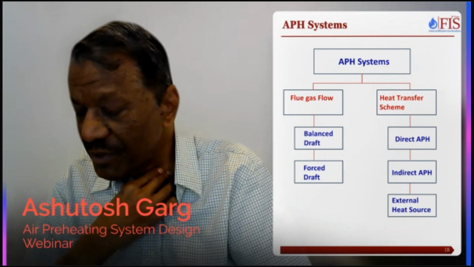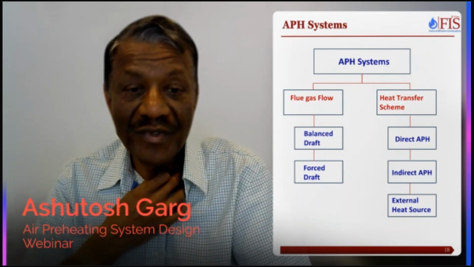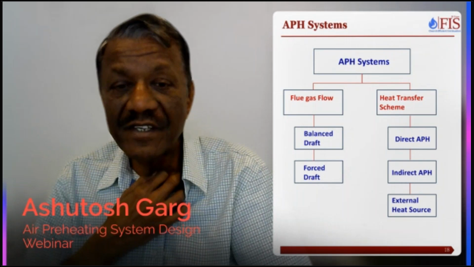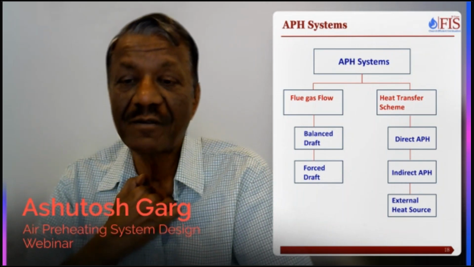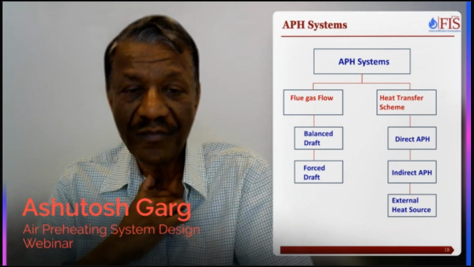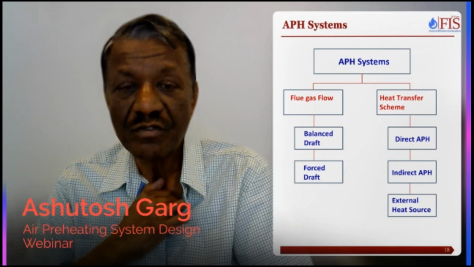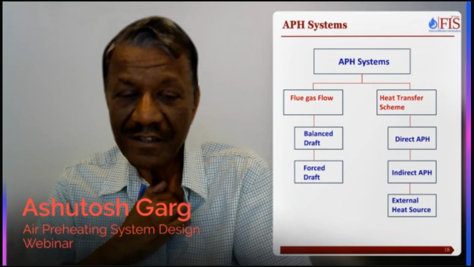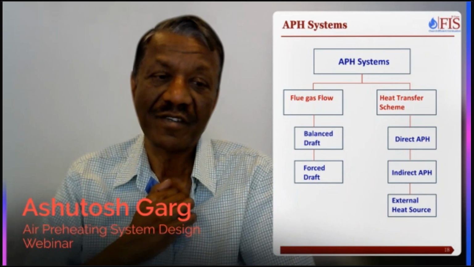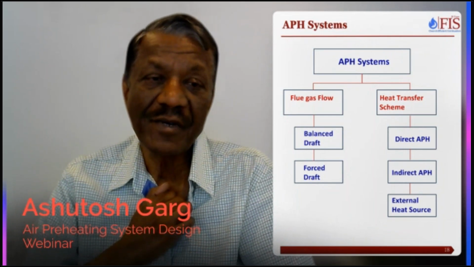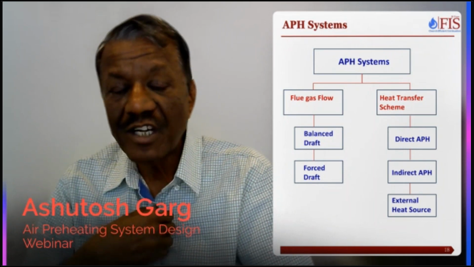So now let's come to the different types of air preheating systems. There are two types. One is dependent on how the flue gas flow is taking place in the fire heater, and there are two common modes of operation: the balanced draft and the forced draft. The second air preheating system classification is by how the heat transfer scheme is.